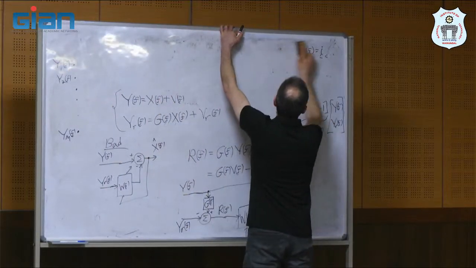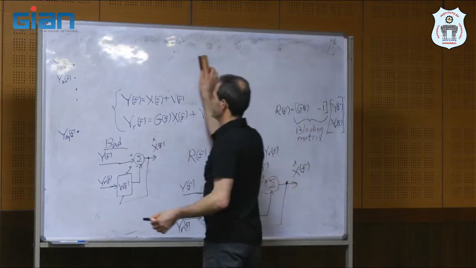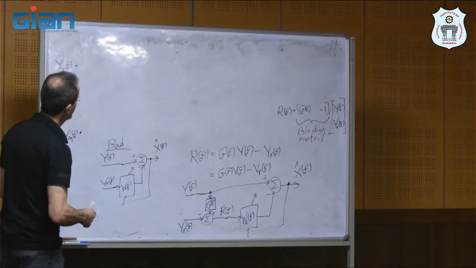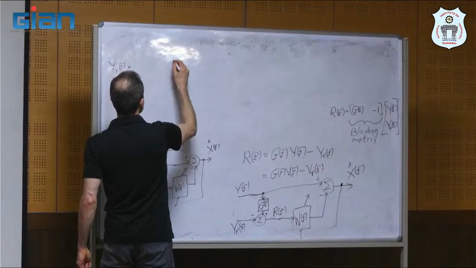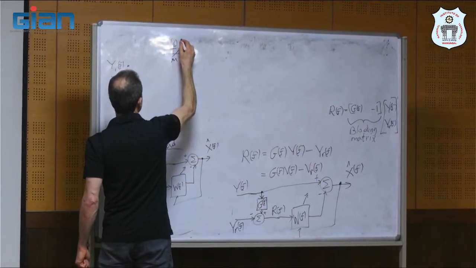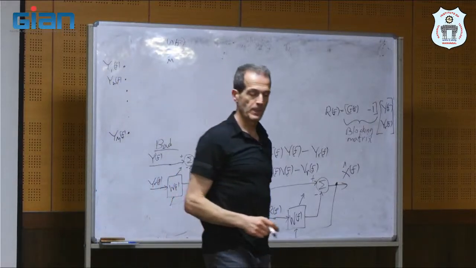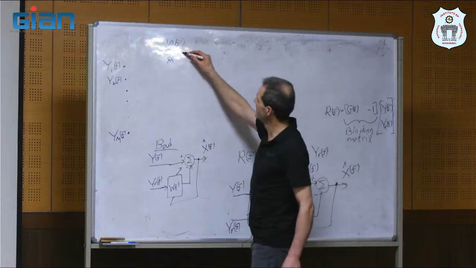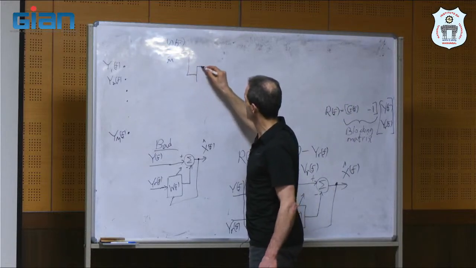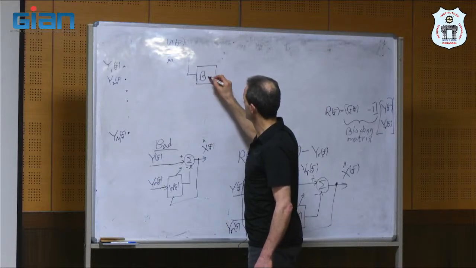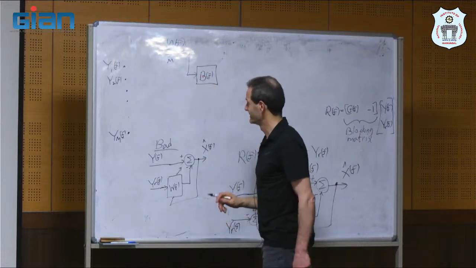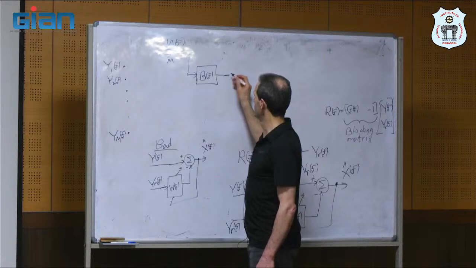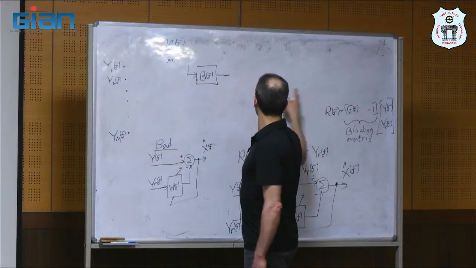So in our case, when we talk about M sensors, so we have M sensors for the frequency F. What we need is to find a blocking matrix, and here we have M, and the output will be M minus 1.